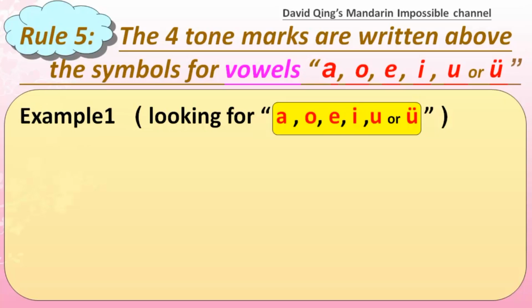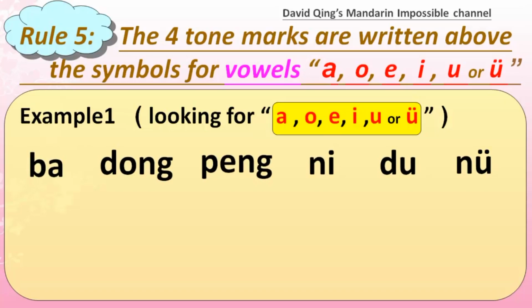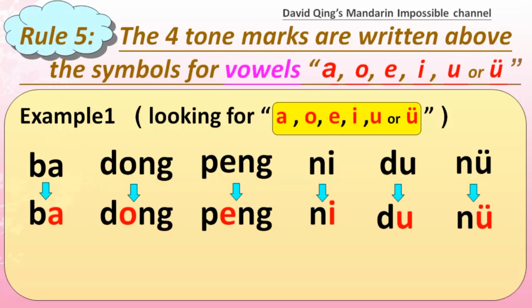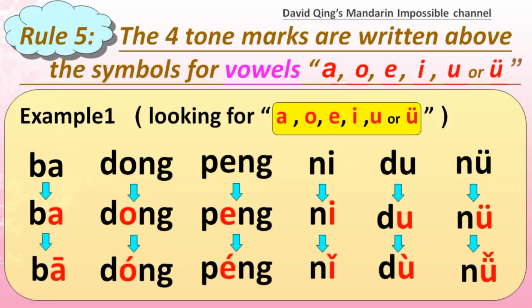For example, there are several combinations on the screen. Before adding the tone mark, look for the symbol a, o, e, i, u, or yu on each combination, and then put the tone mark over it. Please note that if the tone mark is placed on the symbol e, the dot above the symbol e is omitted and replaced by the tone mark.